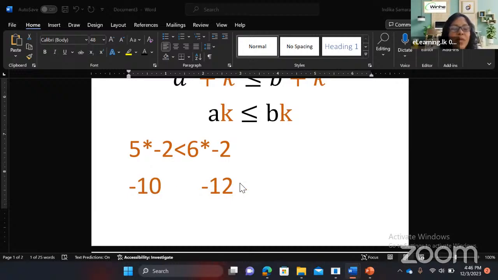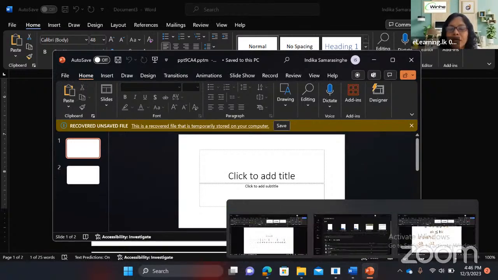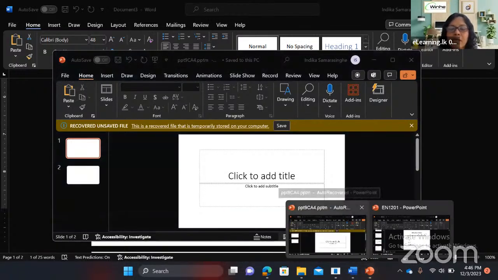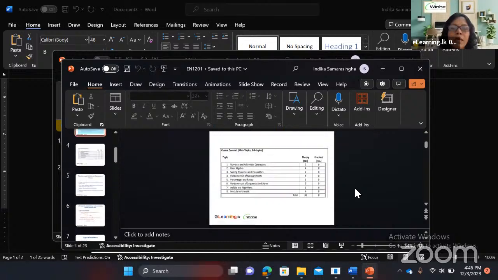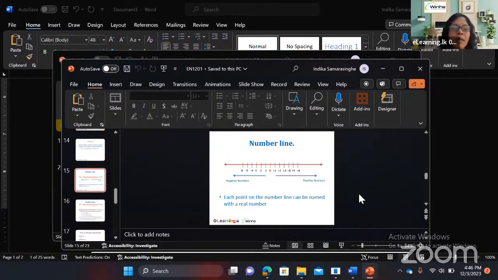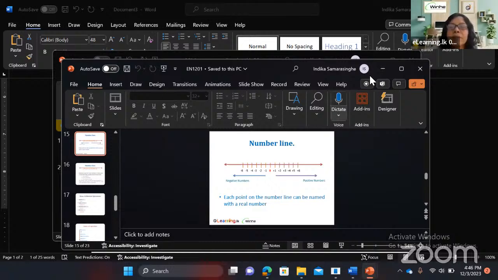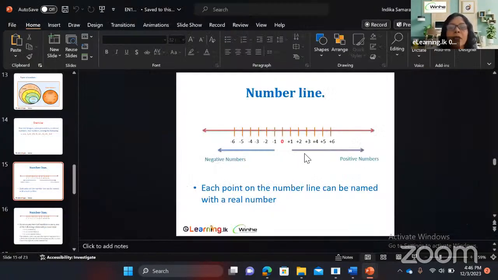So if you look at the number line, you can see the minus 6 is less than minus 5.